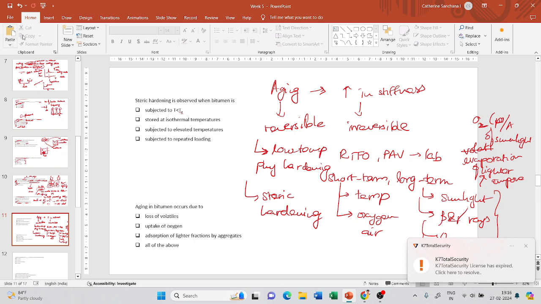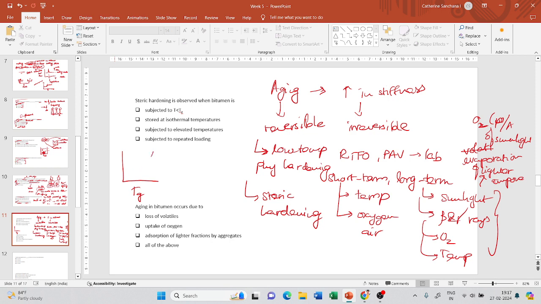And what actually happens is, when you store bitumen below its glass transition temperature, so this is a graph of free volume versus temperature, and this free volume decreases with decrease in temperature, and then it attains a stable value.